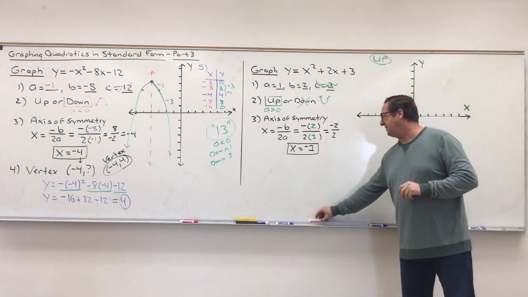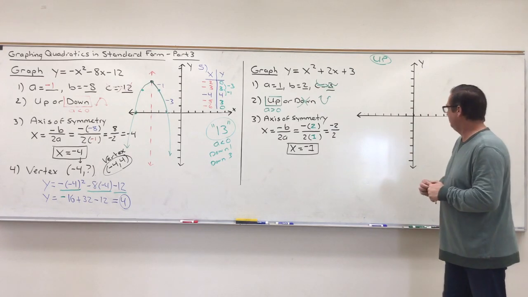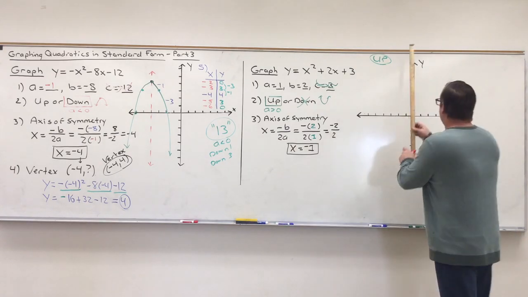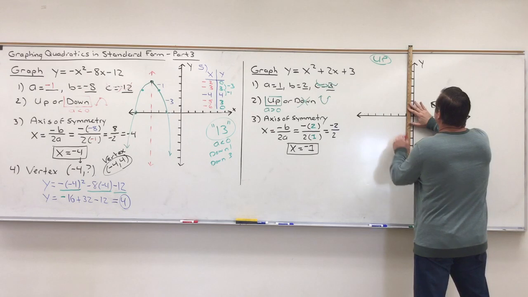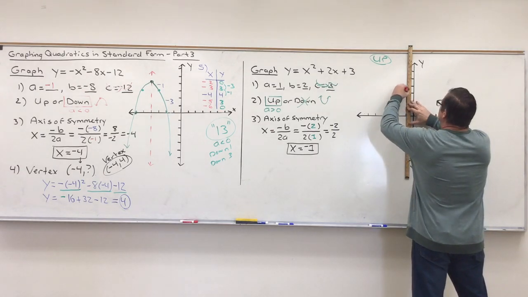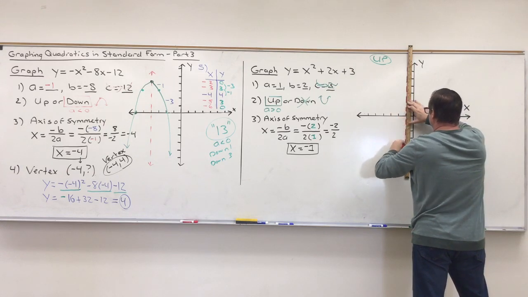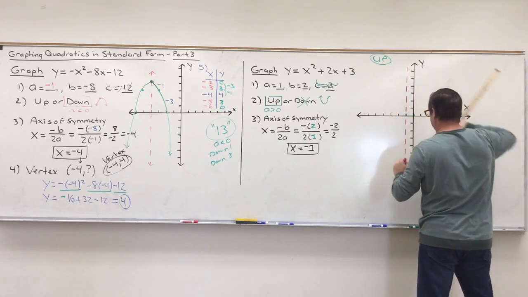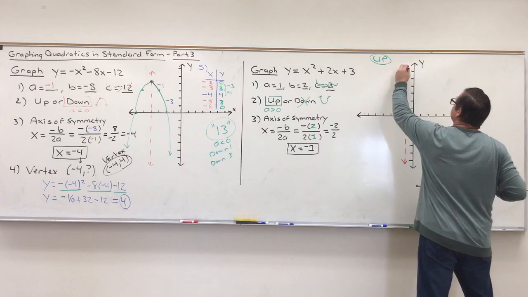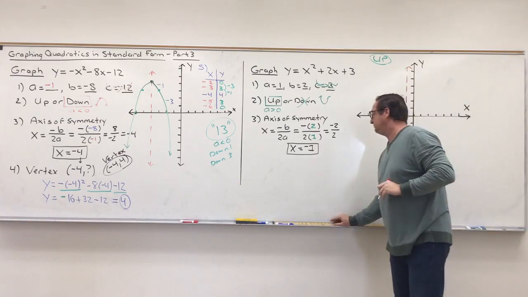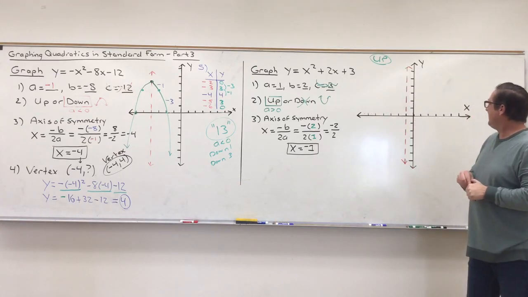Okay, x equals negative 1. So there's my axis of symmetry.